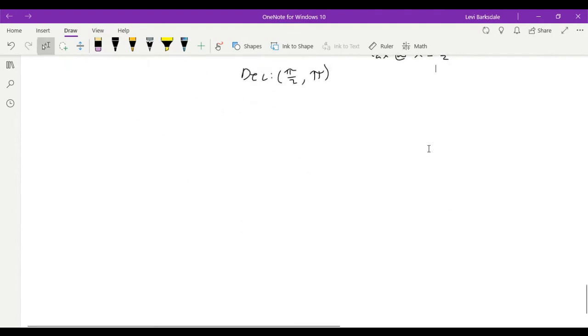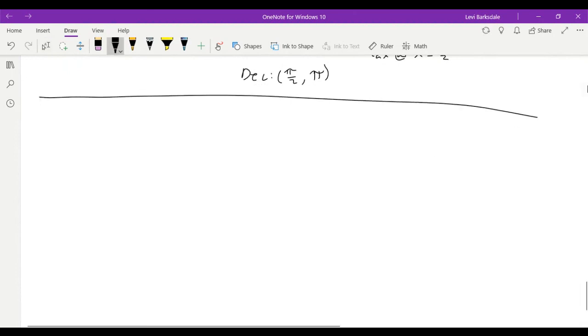All right, moving on, the next topic is concavity and the second derivative. So our first derivative tells us the slope of a function or the rate of change of a function.